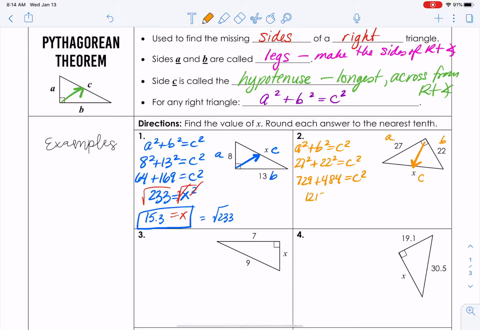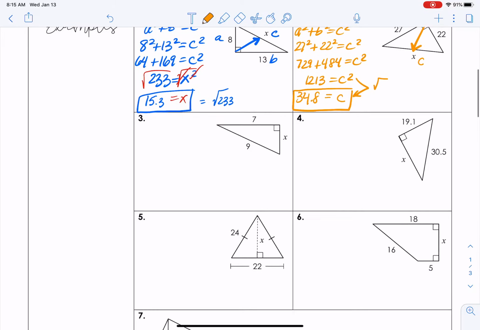That's 1213. So that when we take the square root, we get 34.8. And remember that to go from here to here is a square root. So find that function on your calculator or on the calculator online to do those problems. It's not a division problem.